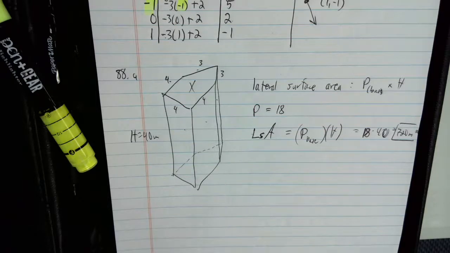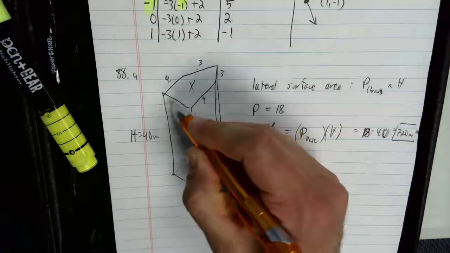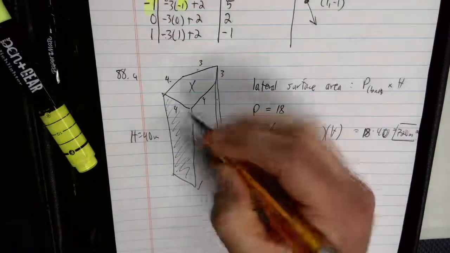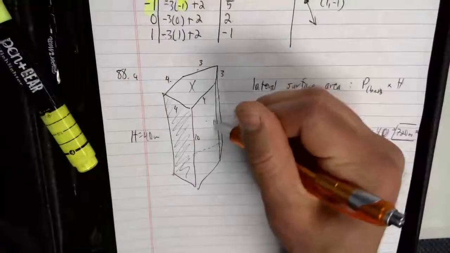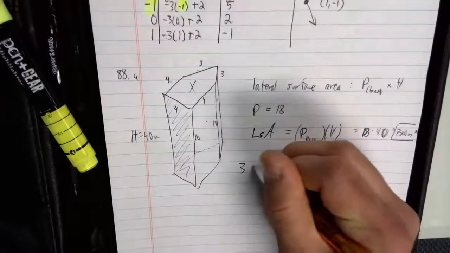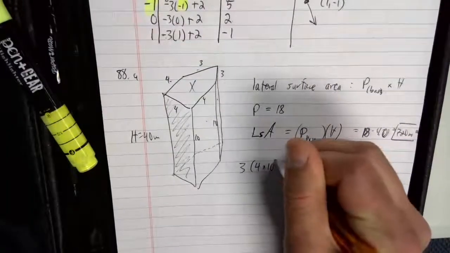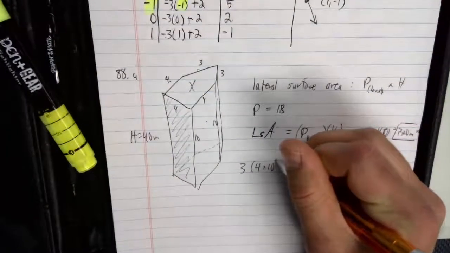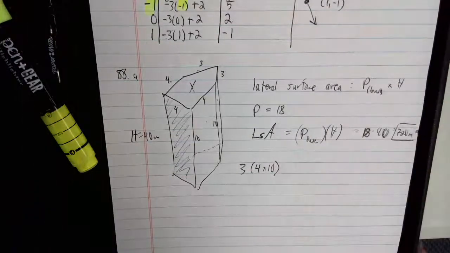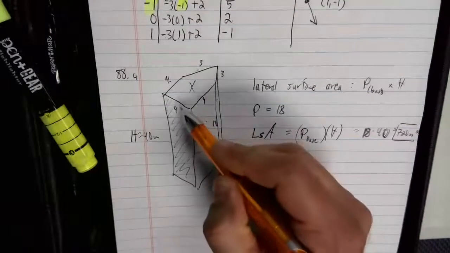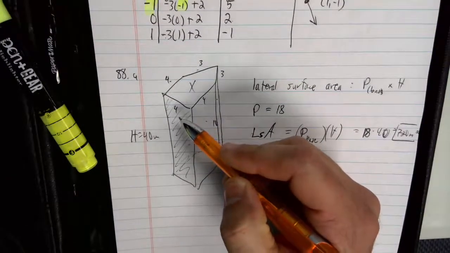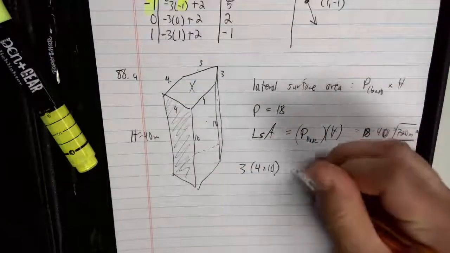So the other way to do that, guys, would have been to find the area of each individual face on the side, right? So that one would be 4 times 10, and so would this one, and this one would be 3 times 10. Wait, 4 times 10? Am I getting that right? No, it'd be 40, right?